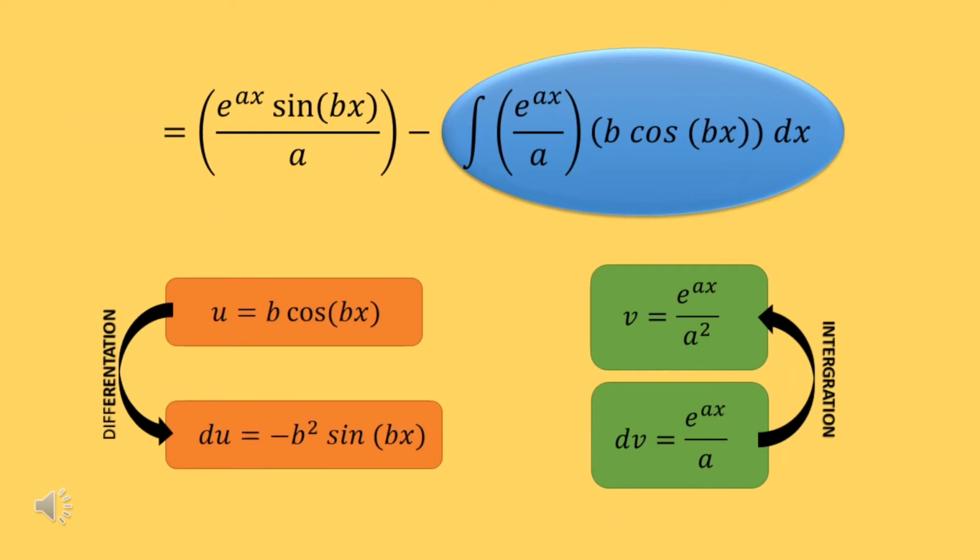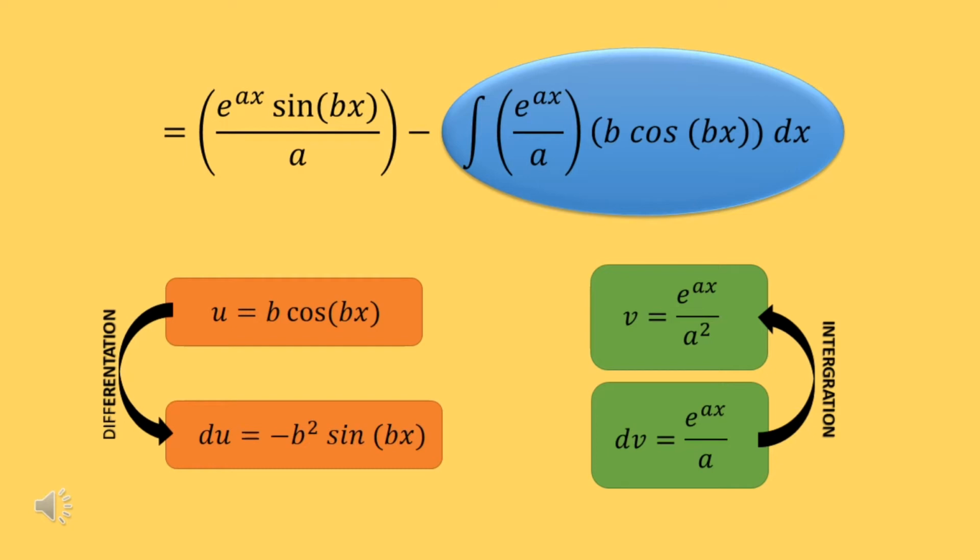After that, it will be exponent ax sin bx over a minus integration of exponent ax over a b cos bx. For the integration of exponent ax over a, b cos bx, we need to solve it by using integration by parts.